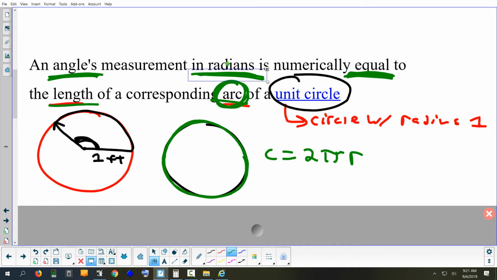So if you can say the length of the arc that goes all the way around the circle, then you know how many radians to go all the way around the circle. Same number. So what would I fill in if I'm doing this on a unit circle to figure out the size of the circumference? What would I fill in?